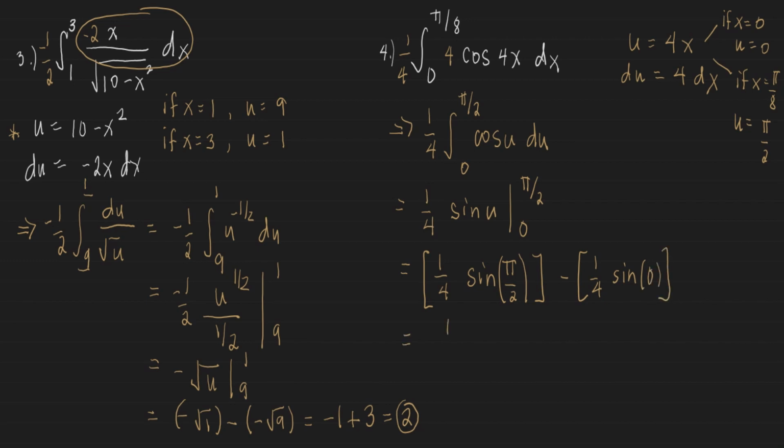Continuing, we have 1 over 4, sine of pi over 2 is 1, minus, again we copy 1 over 4, sine of 0 is 0. So solving this gives us our final answer of 1 over 4. So the value of the definite integral of cosine 4x dx from 0 to pi over 8 is 1 over 4.